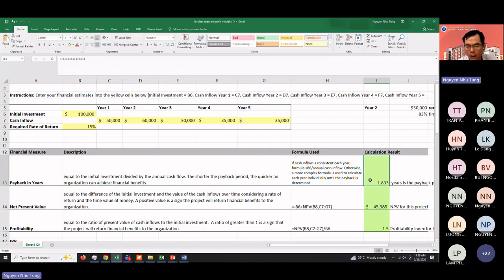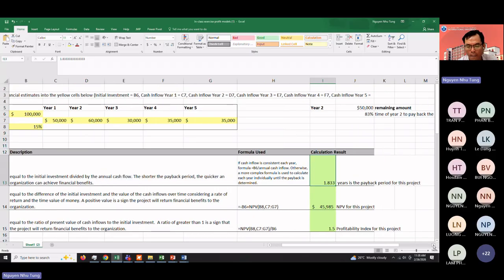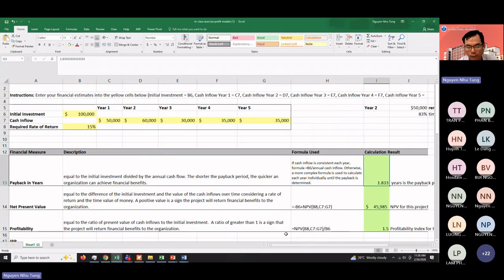So in this case, there's no formula here, right? So why 1.83? Less than 2 years for payback. So you look at year 1, year 2, right?